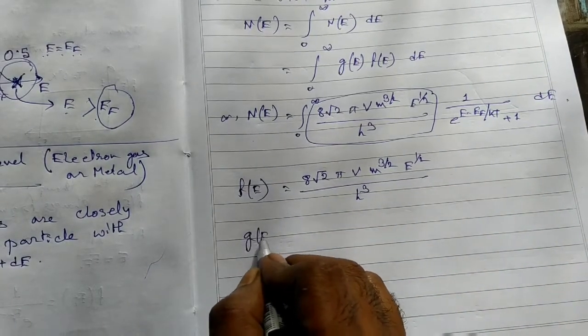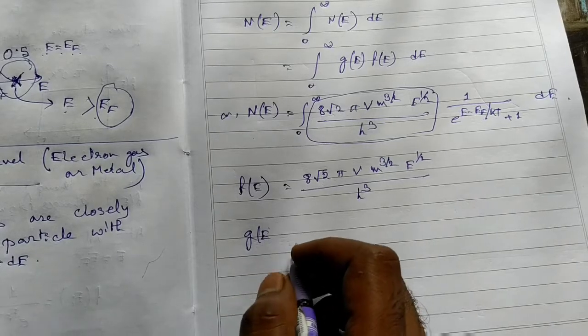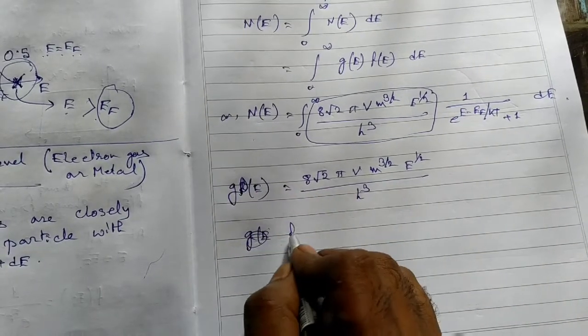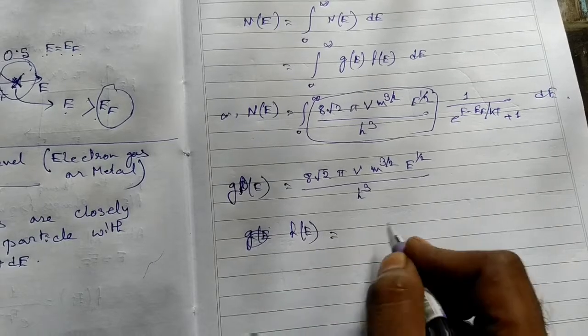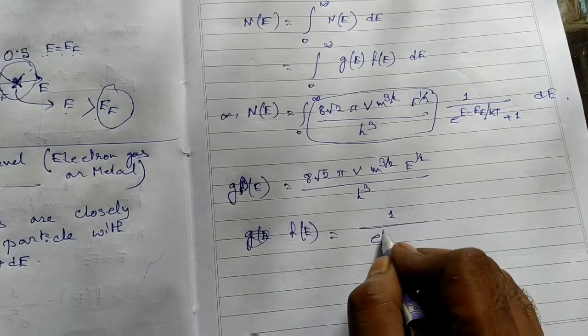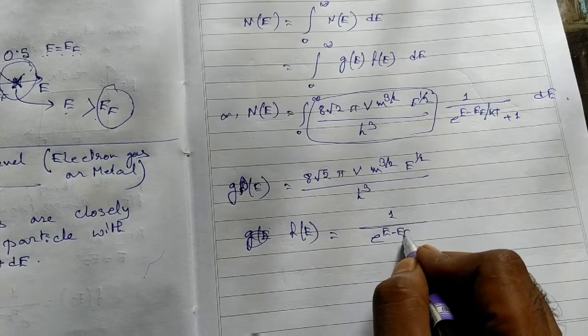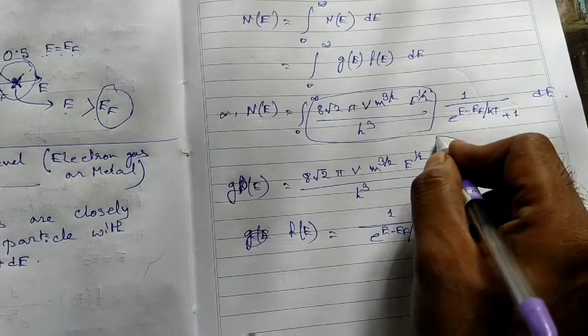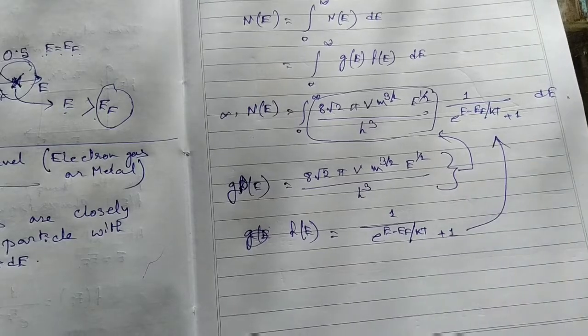This is G, the density of state, and this is the distribution function, 1 by e to the power (E minus EF) by kT plus 1. Put the values here and here.